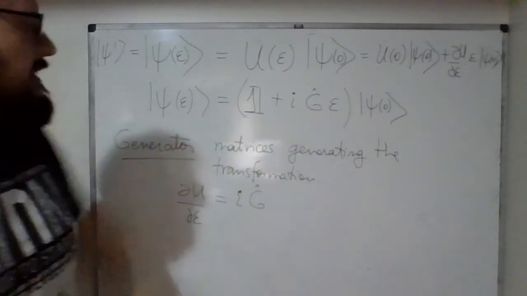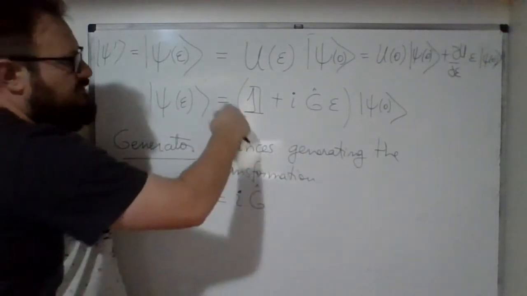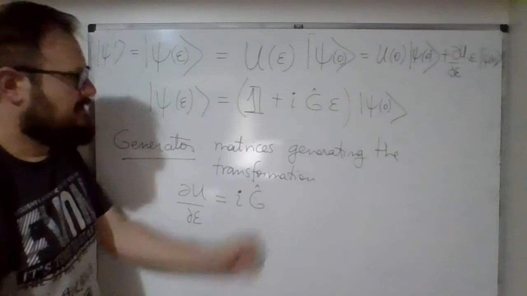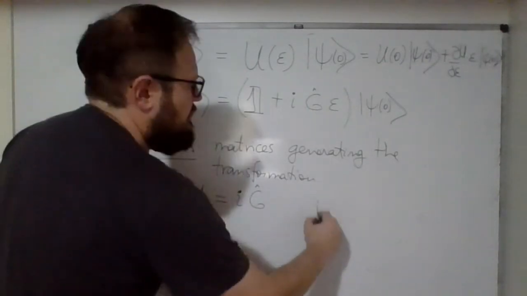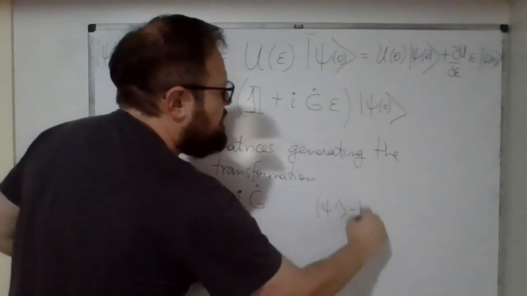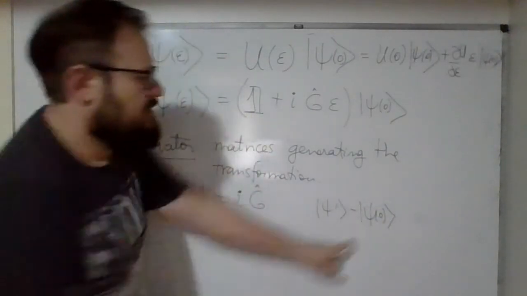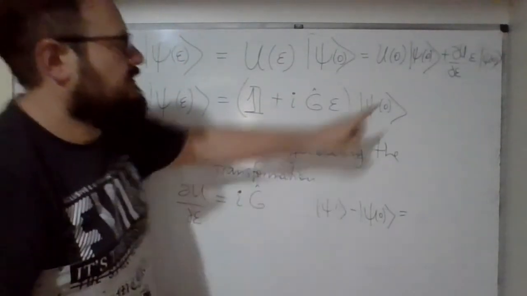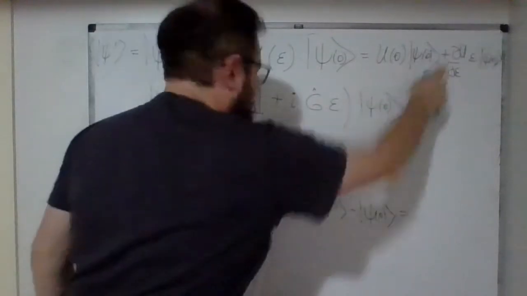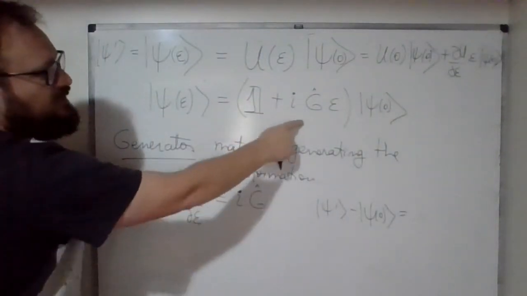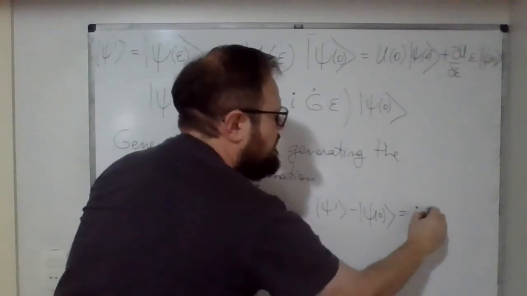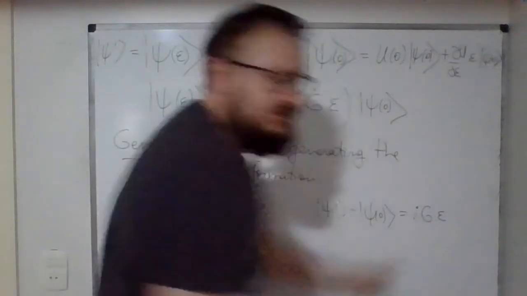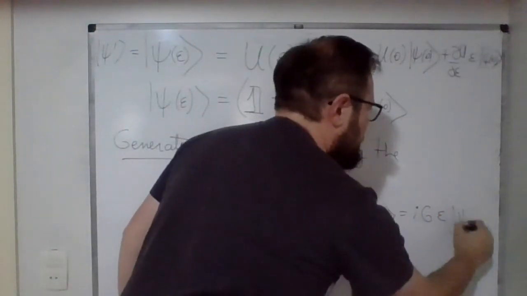And notice if you differentiate the operator here, you'll find this. And of course, the psi prime minus the psi at 0 epsilon, this change in the vector, is just the derivative of the transformation matrix, which is i times G, times the epsilon, which is infinitesimal, of course, times the original object.